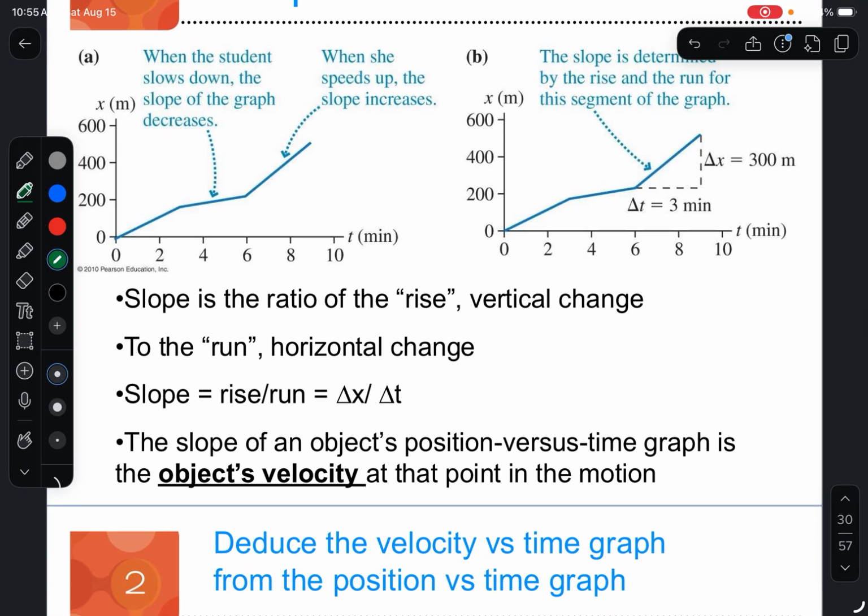In this case, our rise is our delta x, and our run is our delta t. So we can find the slope for each of our three sections. The slope of an object's position versus time graph is simply the object's velocity at that point in the motion.